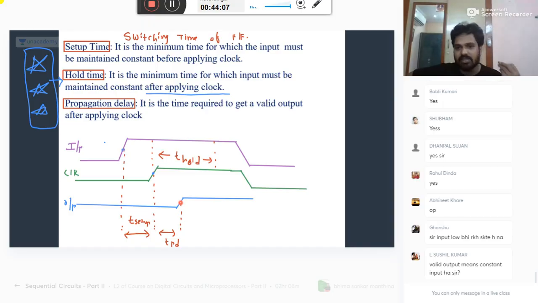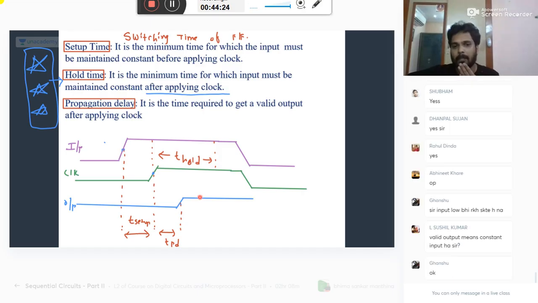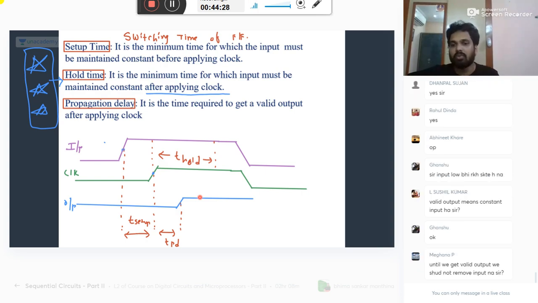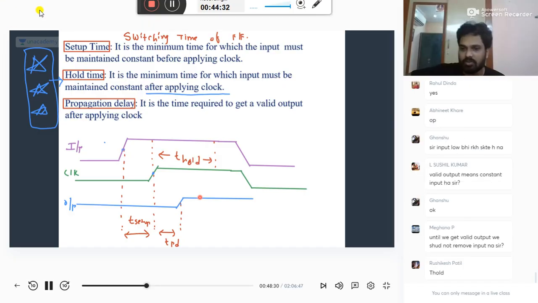Input can be anything, it doesn't matter. Valid output means for this input, what is the required output that should come. It may be 1, it can be 0, it can be anything. Whatever is required for you, that should come. According to the truth table, whatever you have as the valid output, that should come. That is the meaning of valid output.